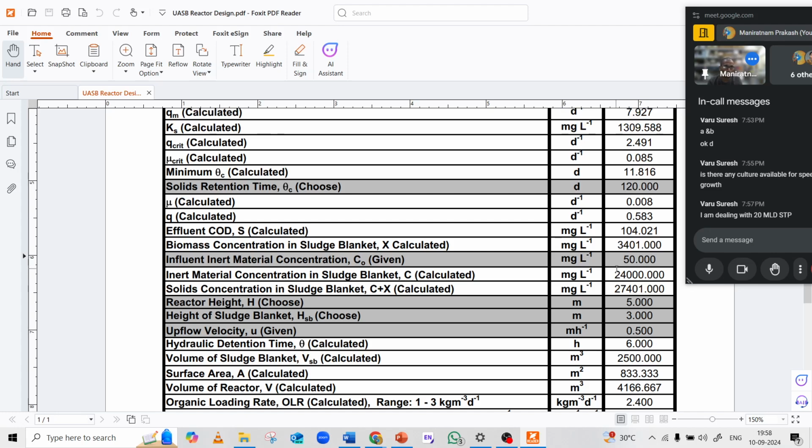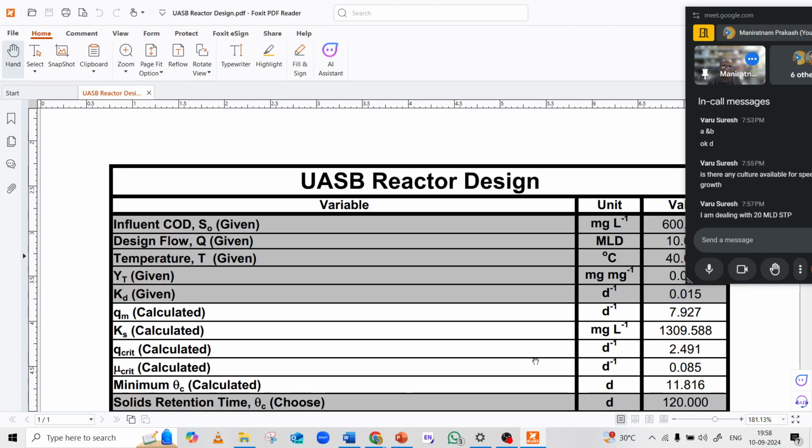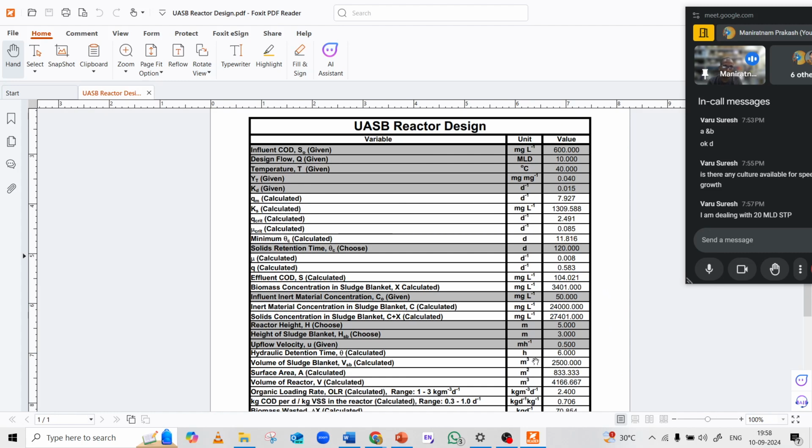Okay now, if you want, you can just take a screenshot of this. It might help you in design. Remember, we have two things. Actually, here it is written, given and calculated. Whenever we are designing something, first there will be some parameters which will be given to us, and there will be some parameters which we have to calculate, and based on that we have to evaluate.